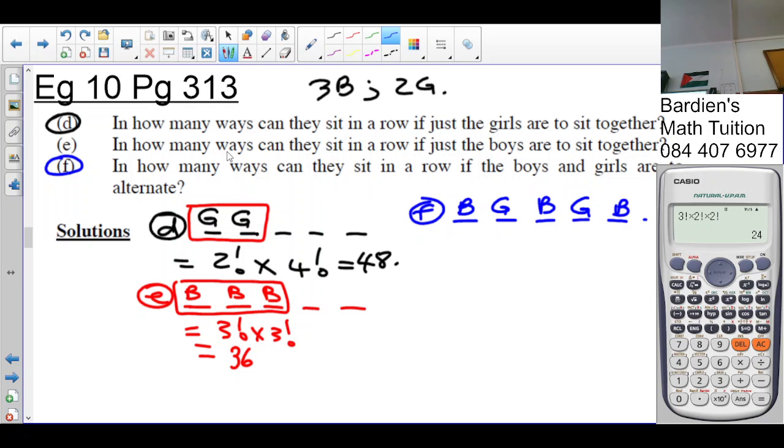So what will the calculation then be? How many options do I have for this here? How many options do I have in the first case? 3. Then 1, which is 3 factorial, not so? Times the options for the girls.